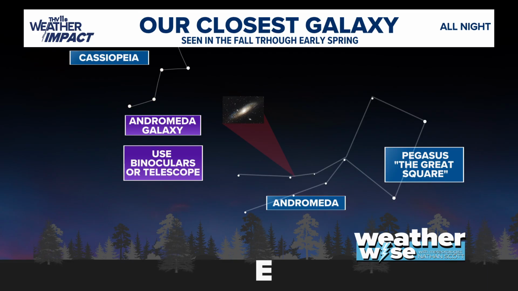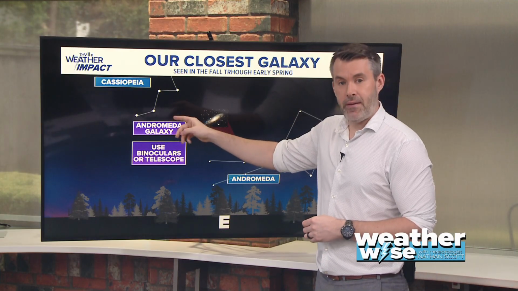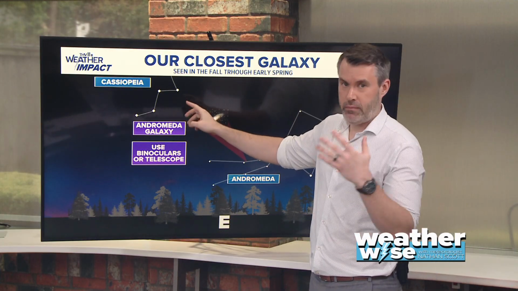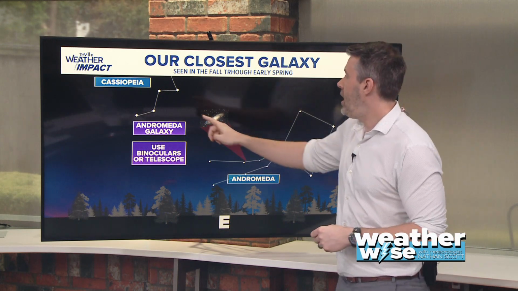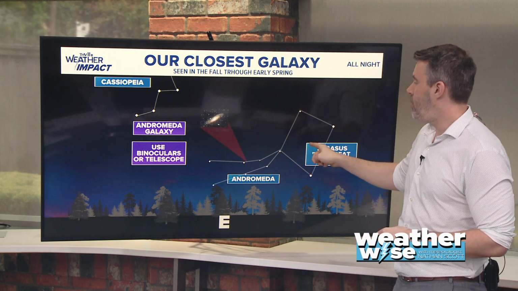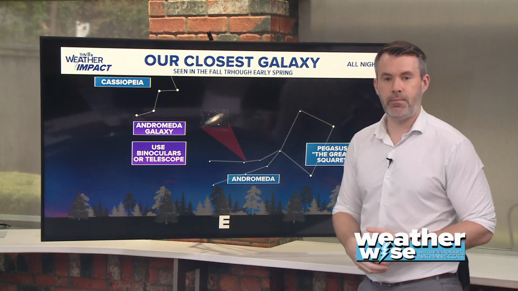Once you find that constellation, and if you can't, you can always look for Cassiopeia, which looks like a W to the left of the constellation. Very easy to spot, especially if you're in an area where there's no light pollution. In between Cassiopeia and the Great Square of Pegasus, you see this kind of V-shaped constellation.